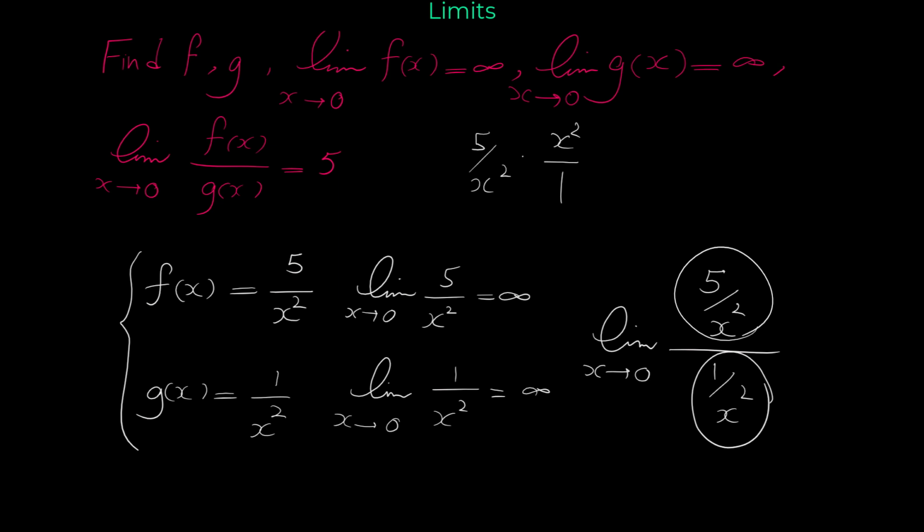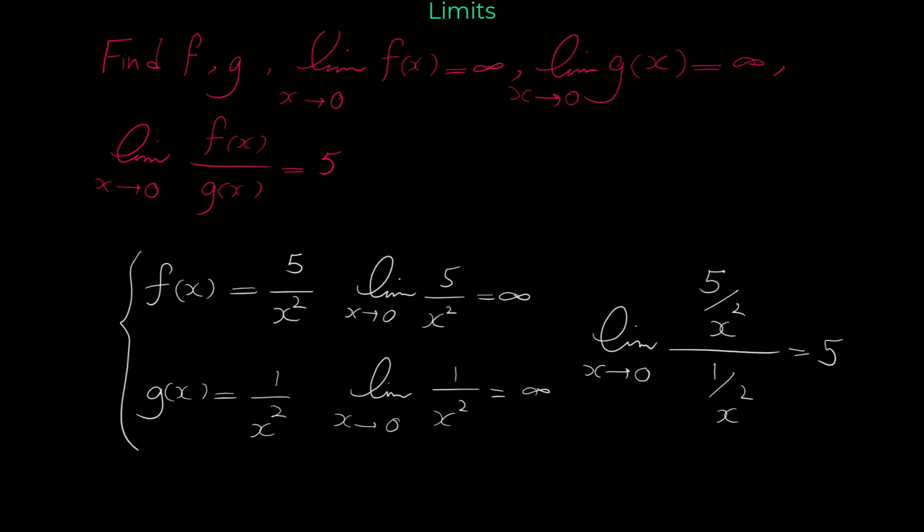When we divide a fraction by a fraction, we can multiply it by the reciprocal of the denominator. The x to the 2 and x to the 2 go away and it equals 5. So it should be clear that when we divide f by g, the ratio of f and g is 5. So the limit equals 5. And actually it is clear from the definition of f and g, because we chose f 5 times bigger than g. So clearly limit of the ratio is also 5.